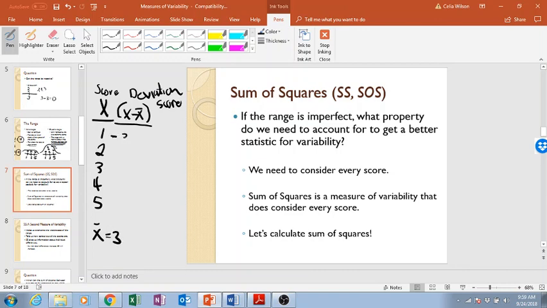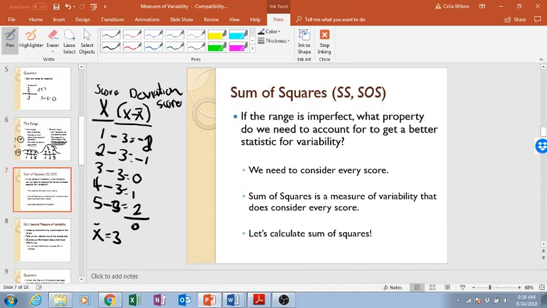Okay, so let's do 1 minus 3, 2 minus 3, 3 minus 3, 4 minus 3, 5 minus 3. So let's see what that equals. All right, we've got -2, -1, 0, 1, 2. So these are our deviation scores. If we summed our deviation scores, what should we always get? 0, right?